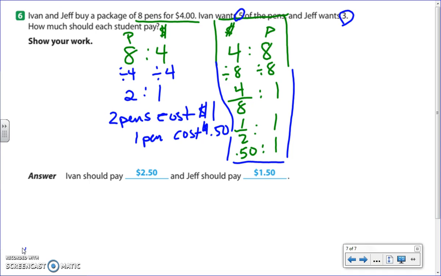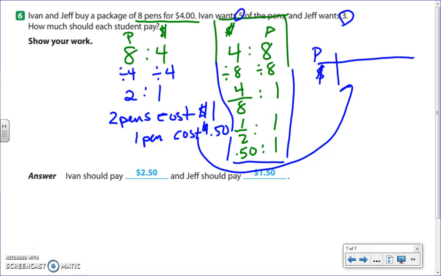If you use the first way, you might have thought, okay, pens on the top, money on the bottom, and you already knew that 8 pens to $4, and so you probably knew that 4 to 2, 2 and 1, and then we would be looking for, the question asks for 5 and for 3, so we would need this number and this number.